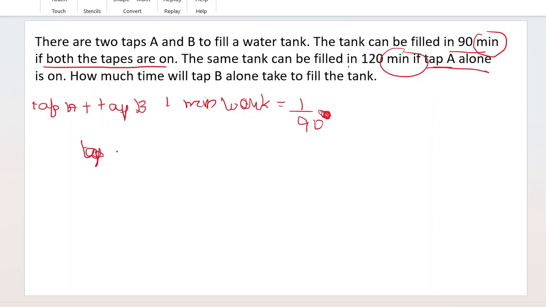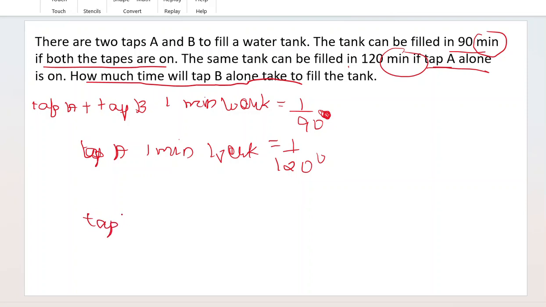That means tap A's 1 minute work will be 1 by 120. Now I am asked how much time will tap B alone take to fill the tank. Over here I have tap A plus tap B, and I know tap A, and I only want to get tap B's contribution. So what I do is I get tap B's 1 minute work.